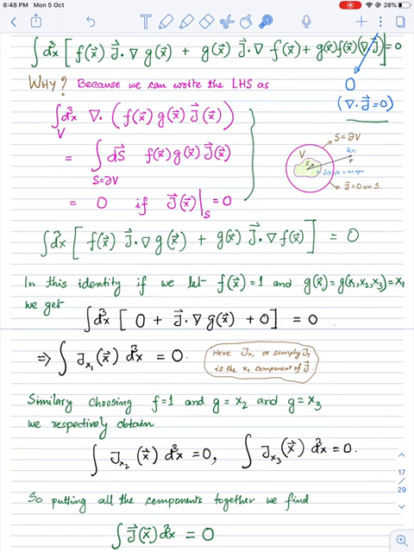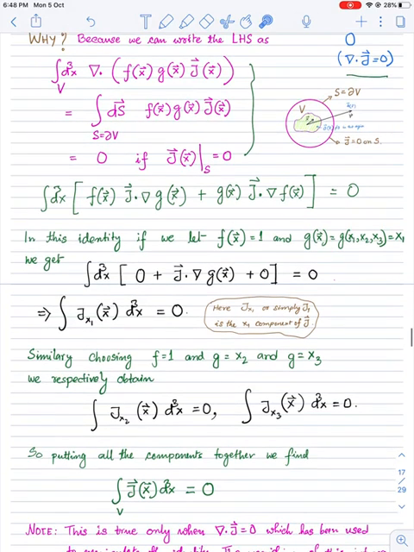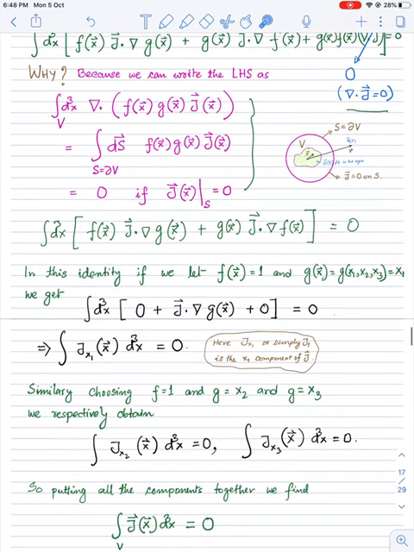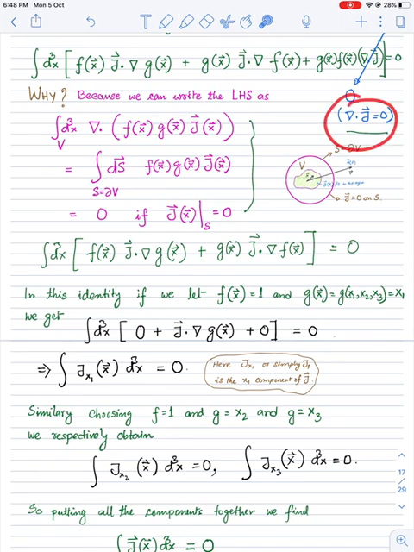Just by making this algebraic manipulation using this identity, we see that if the divergence of j is 0, then the volume integral of the x1 component of j is 0. Similarly, we can choose g to be x2 and x3 and show that the x2 and x3 components should also vanish. Therefore, as a vector, the volume integral of the current should vanish if the divergence of the current is 0.